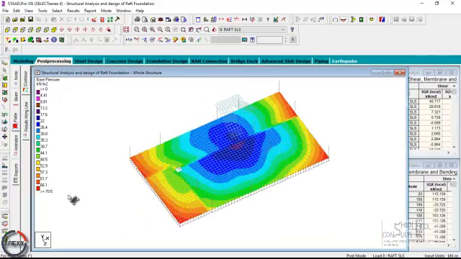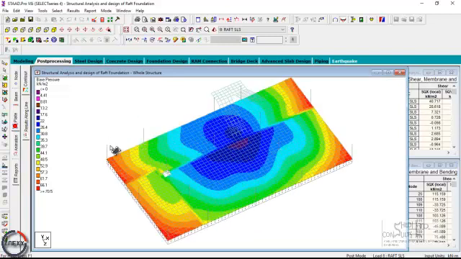We can see that the maximum value we are having is about 70.5 kilonewton per meter square around the slab edges. It is majorly distributed at about 26.4 kilonewton per meter square within the span, and we have between 48.5 and 52.9 around this region.